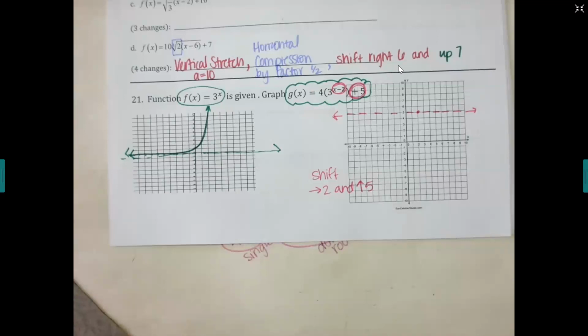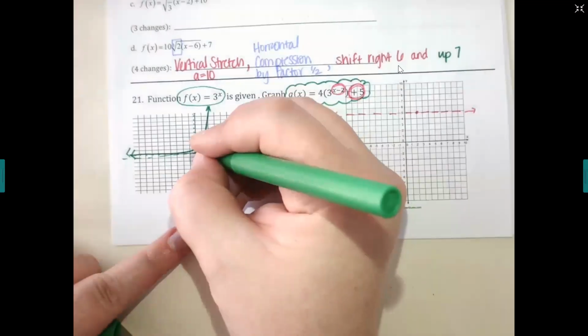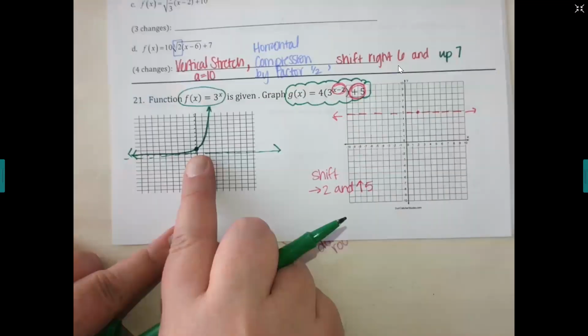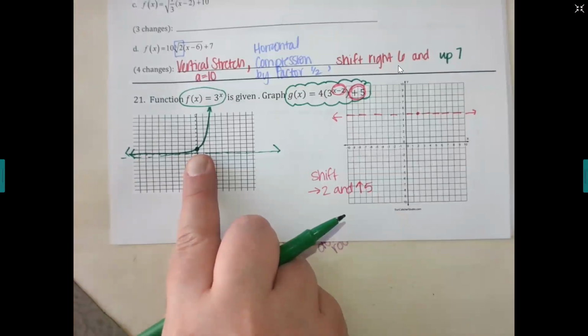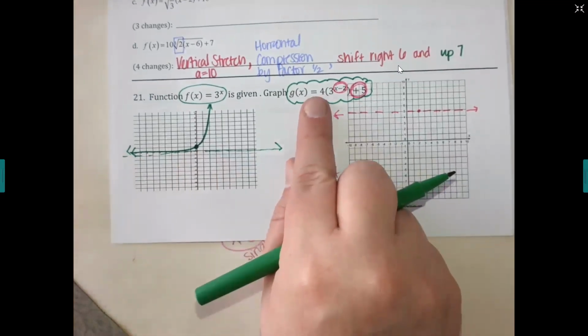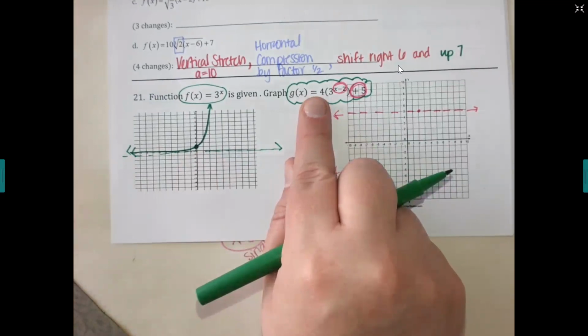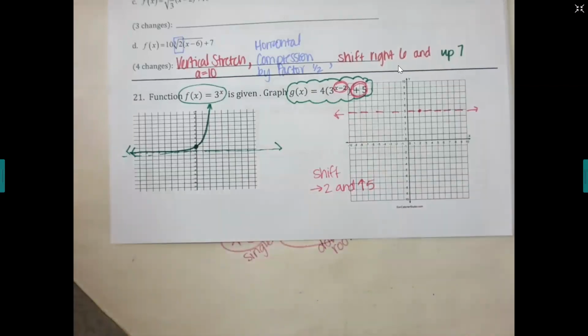Okay, next question. Your parent graph, your first dot, because remember, you can't touch that asymptote. How many boxes is it away from the origin right here? It's 1 box above. That's the parent function. Will this graph also only be 1 box above? What does this number do? Vertical stretch or compression? Stretch. So instead of only being 1 box away, how many boxes am I gonna place that dot? 4 boxes away.